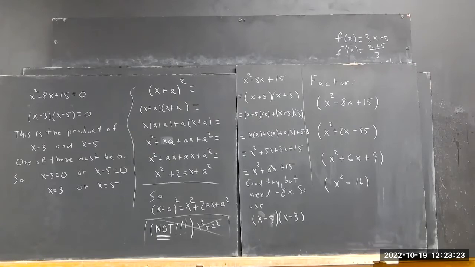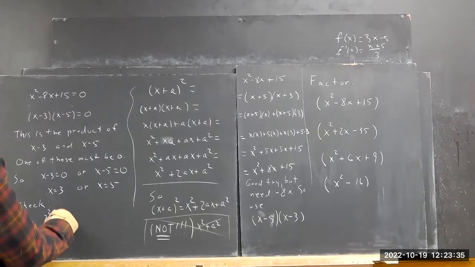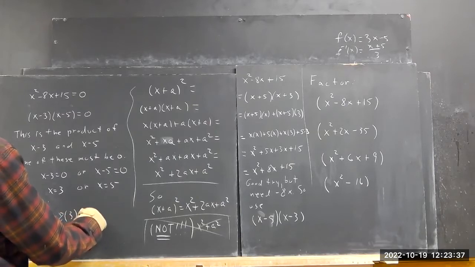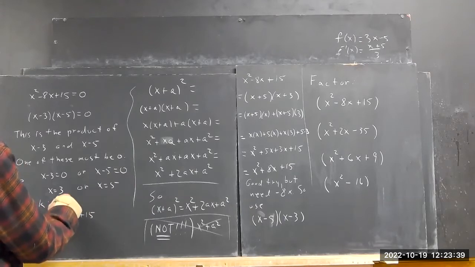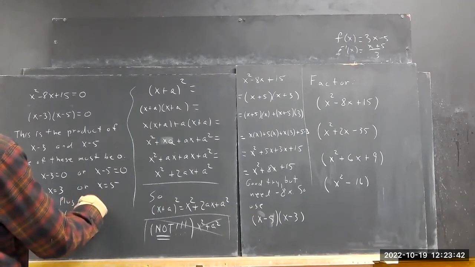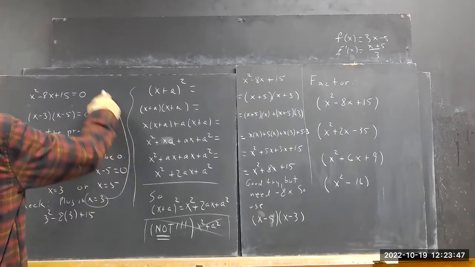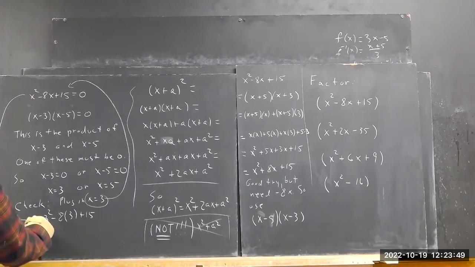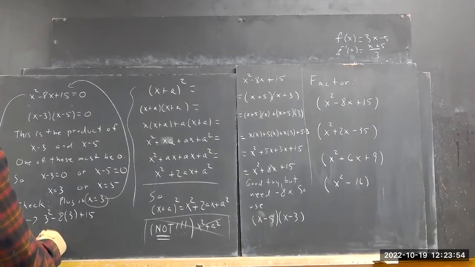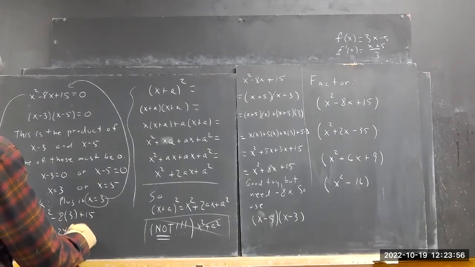Now, if we plug x equals 3 back into the equation, plug in x equals 3, that would be to this equation, which gives you this. And that's 9 minus 24 plus 15.